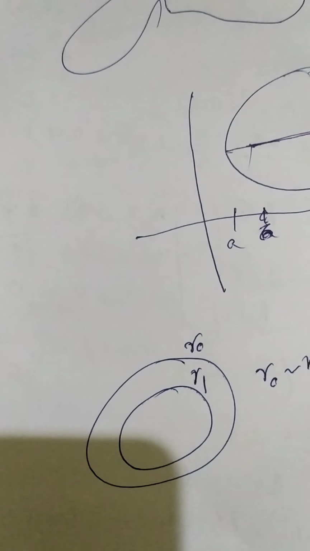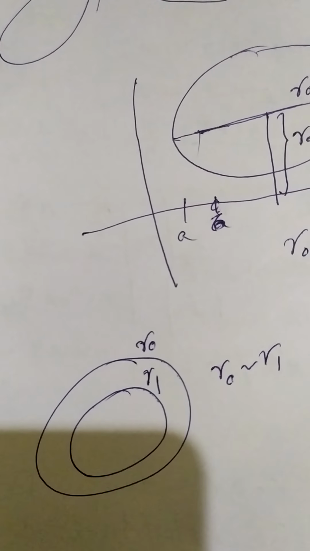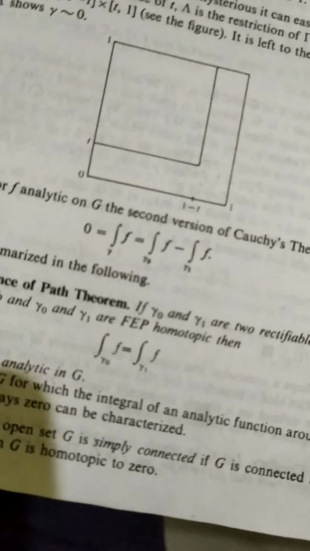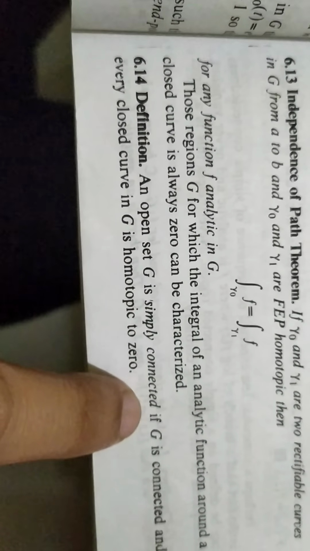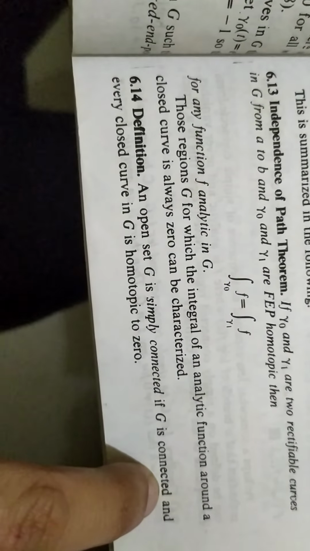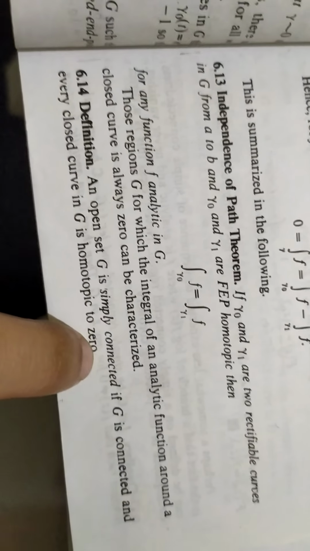In the last class we discussed the concept of a simply connected region. This is the definition of a simply connected region. An open set G is simply connected if G is connected and every closed curve in G is homotopic to 0.